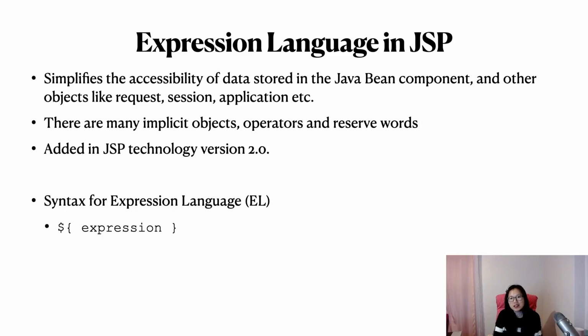And as some experienced programmers know, JSP is not popular anymore. Unfortunately, I also need to introduce it. From here you can see the EL expression language was introduced in JSP 2.0, and the latest version is Jakarta Servlet 5.